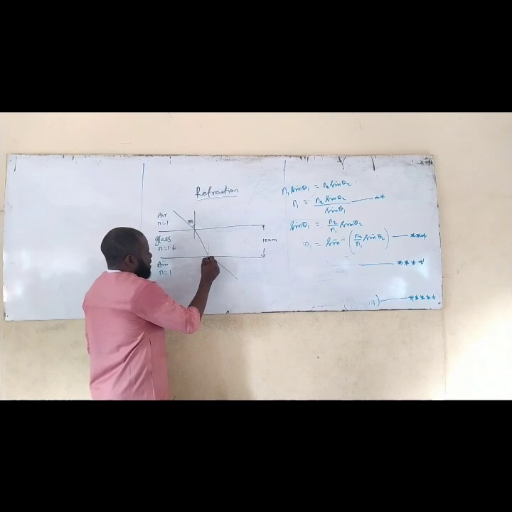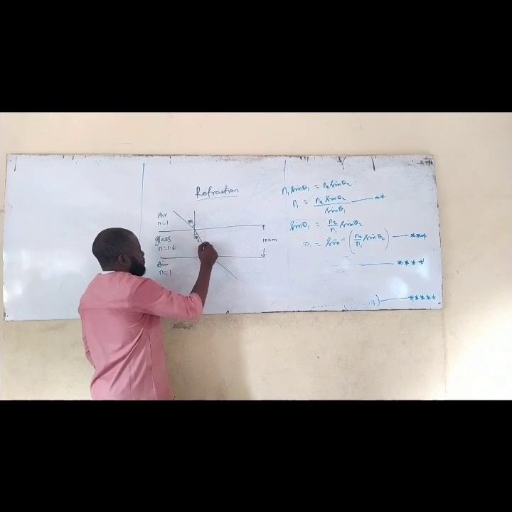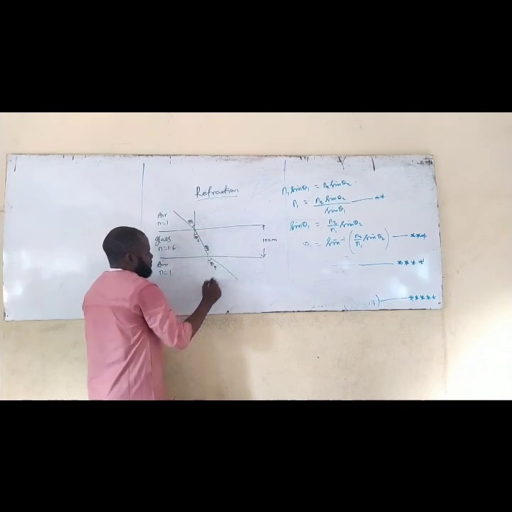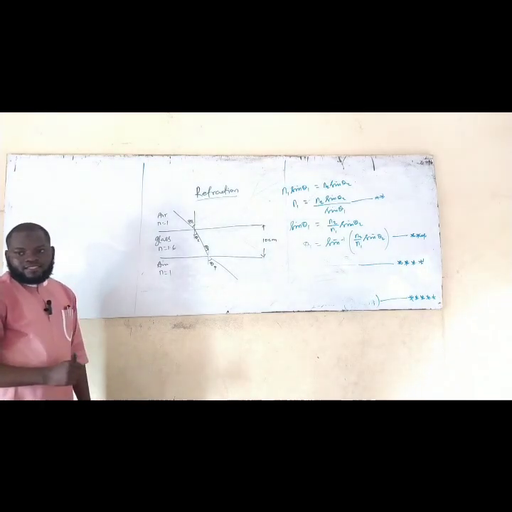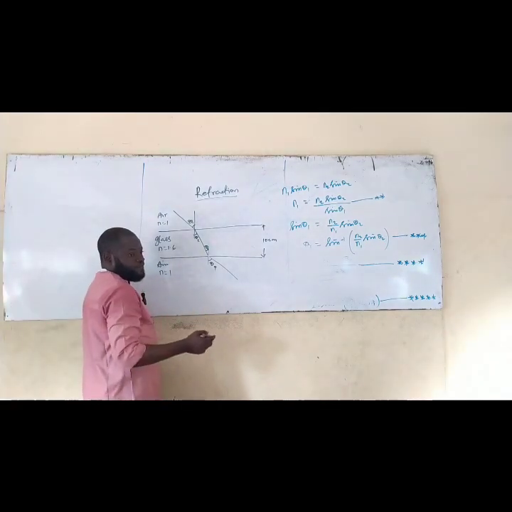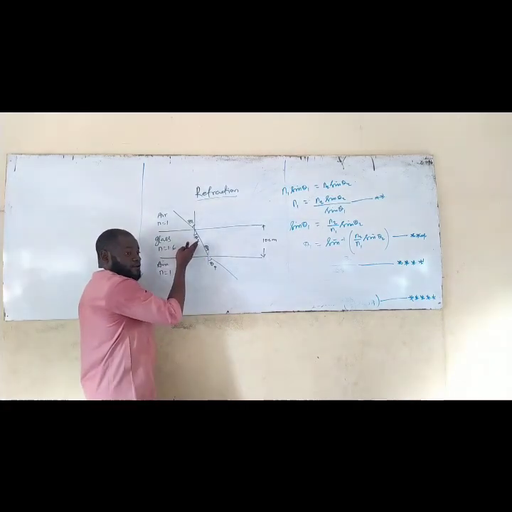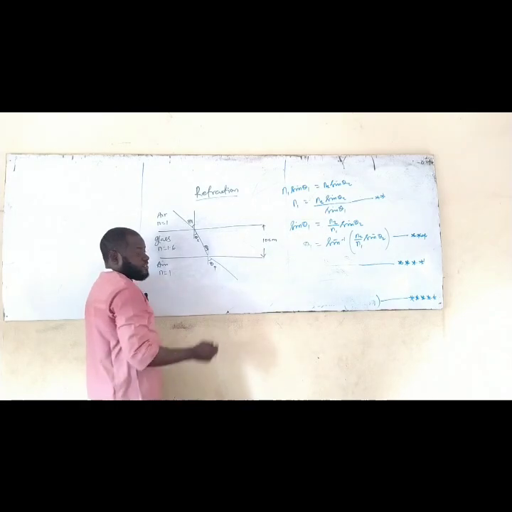Okay, so there's an angle here, there's an angle here. Are you seeing it now? So let me call this angle here theta 2, theta 3, and then theta 4. And remember, some of the rays are going to refract when they enter inside this place, while some will continue their journey.